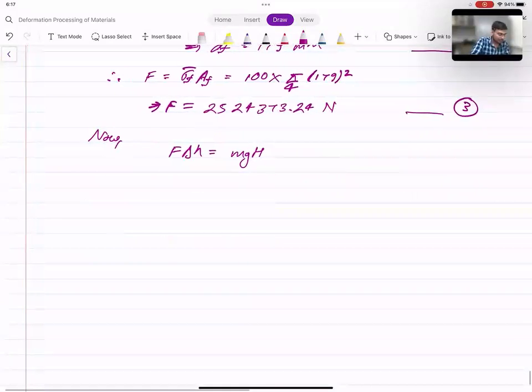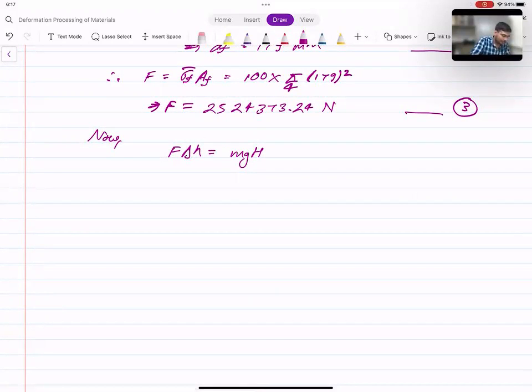So let us substitute the values one by one. F came out to be 25,373.24. Delta H will be 30 into 10 to power minus 3 as it was in mm, so now converted into meters. And this mass was 2000. G is 10 and H we need to calculate.